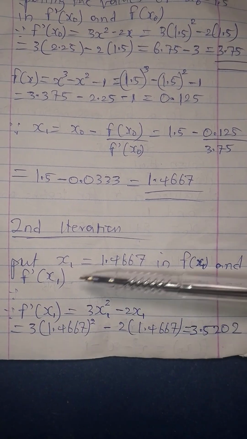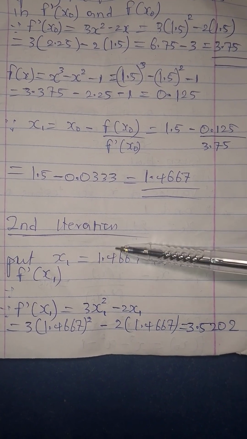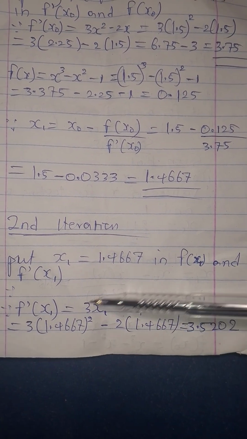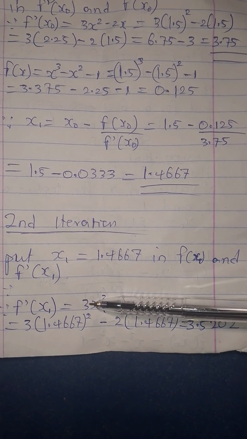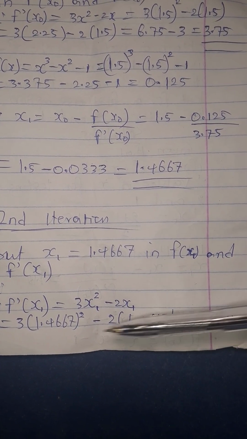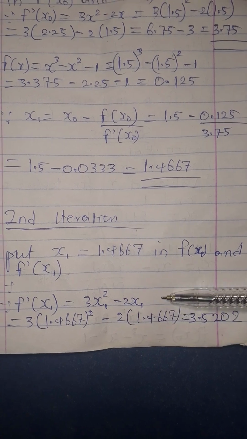So now substitute the value of x1 to be 1.4667. That becomes 3 brackets 1.4667 all raised to 2 minus 2 bracket 1.4667. Okay, so if you subtract everything here, what will that give me?